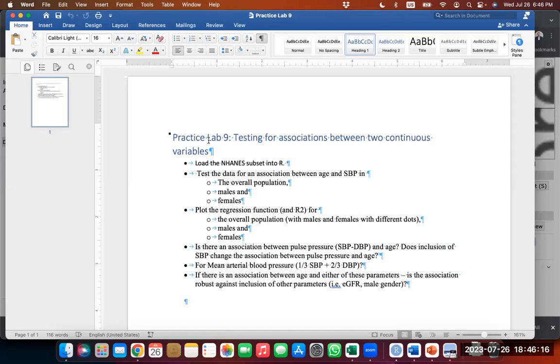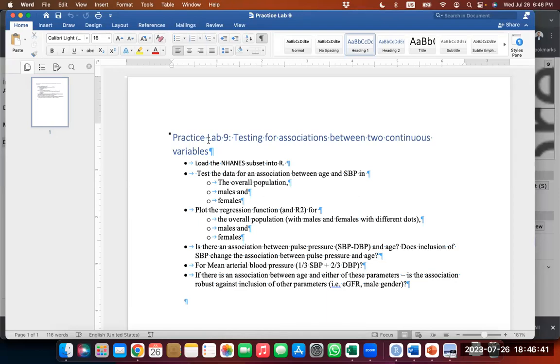Patients, as they age, their blood pressure will increase because they're more likely to develop atherosclerosis, except for women before menopause. So we're quantifying this relationship in the overall population and then between men and women. And we're plotting the regression function and R-square for the overall population, for males and females.